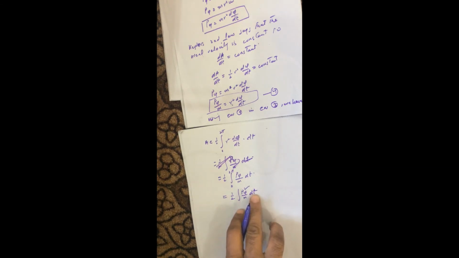So the only variable quantity is t, and the time goes from 0 to 1 period. If an electron completes one rotation, let's suppose this is point M, and this electron is moving in this elliptical orbit, so here we take the time t equal to 0. Once it completes one rotation, the time taken is 1 period. So that's why the time goes from 0 to T.